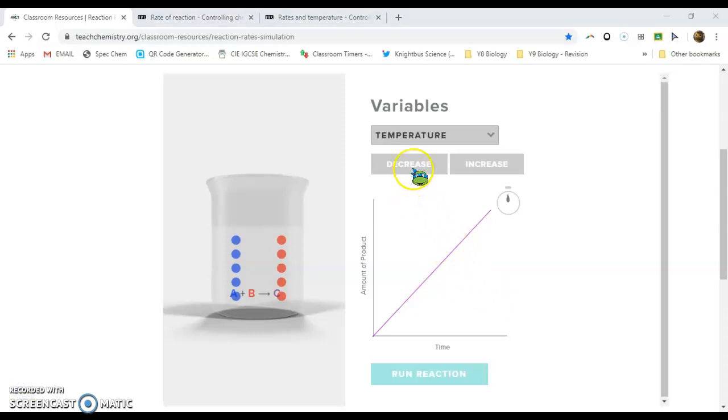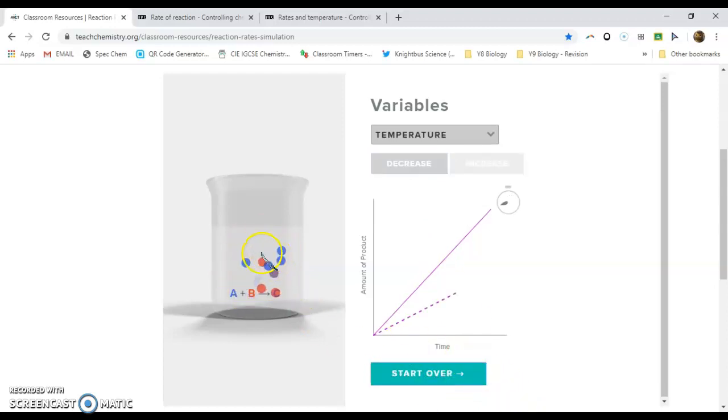Well, let's find out. Let's decrease and then run the reaction. So you'll find the reaction takes place much slower. The particles, this is your explanation, this is because the particles are moving slower than before. They have less stored energy, movement energy, than before.